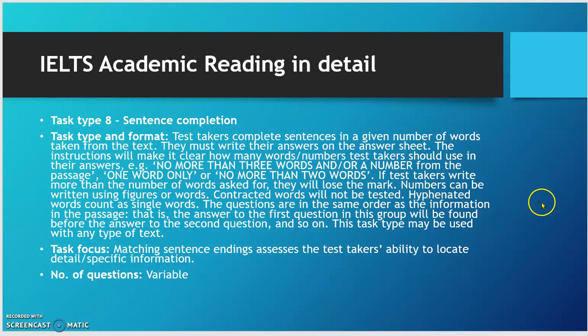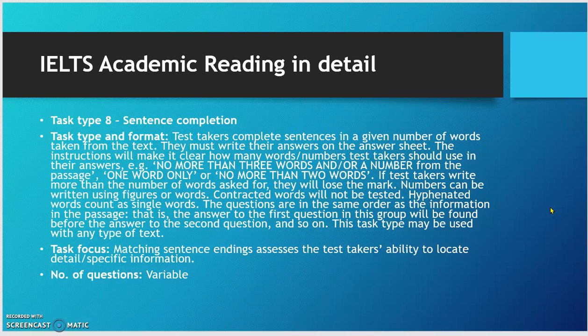If test takers write more than the number of words asked for, they will lose the mark. Numbers can be written using figures or words. Contracted words will not be tested. Hyphenated words count as single words. The questions are in the same order as the information in the passage.